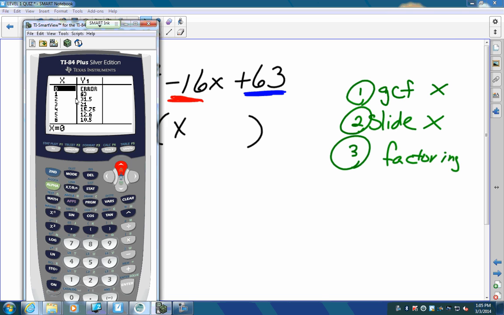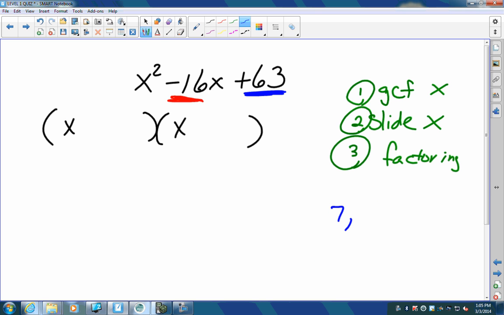All right, so the first one here, 1 and 63, that's not it. 21 and 3, that's 24. Well, let's keep looking. What about 7 and 9? What's 7 plus 9? 7 and 9 is 16, but I need a what?